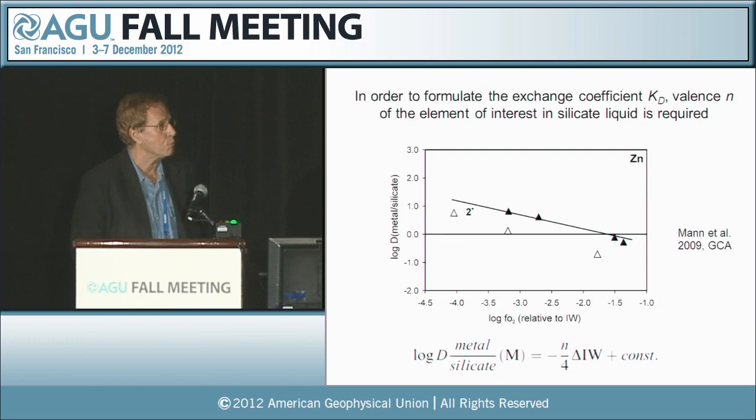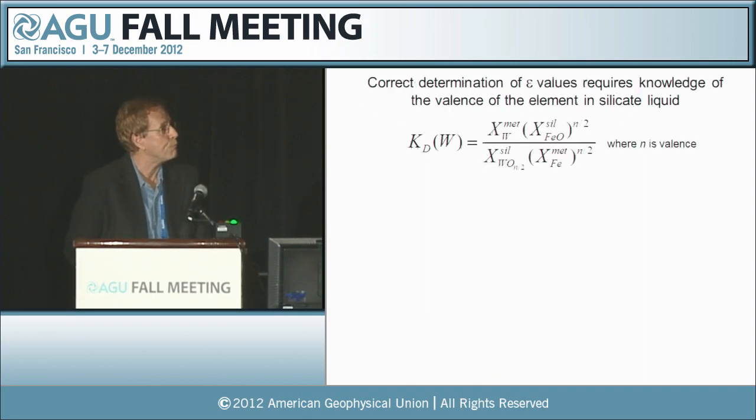And in 1999, our group published a paper by Gessmann et al. where we determined the valence of nickel using this method, and the answer came out to about 1.5 to 1.6. So this result was totally consistent with what we've seen in the last couple of slides. Now, as I say, for nickel and cobalt, this is not a problem, but for tungsten, it's a really big problem. So this is the expression for tungsten KD. Here's the valence, n, here and here.